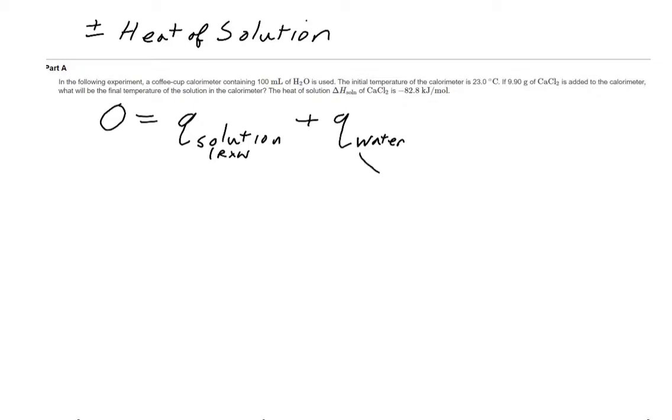We know that since this is a heating process, it's going to be the mass of the solution times the specific heat of the solution times the change in temperature.